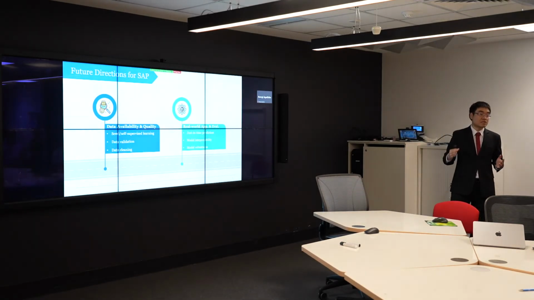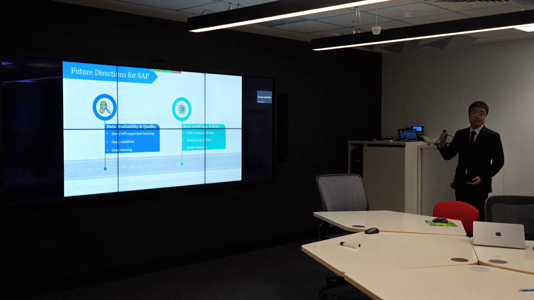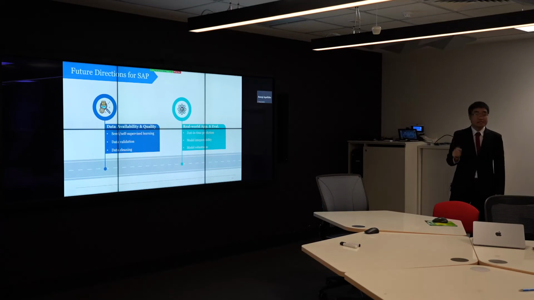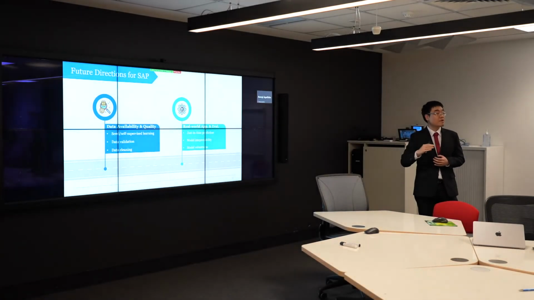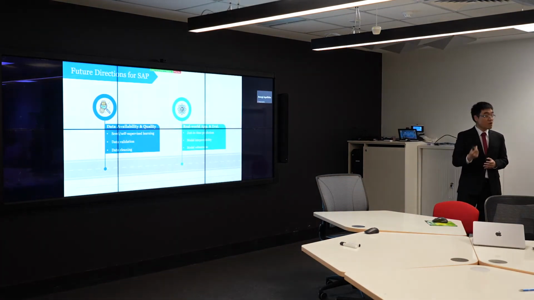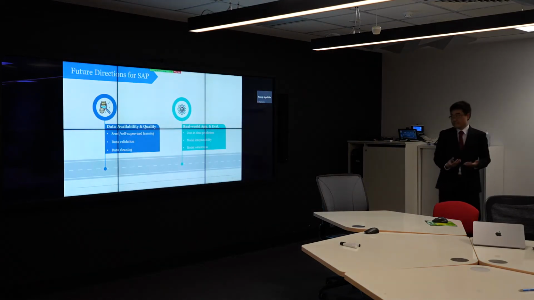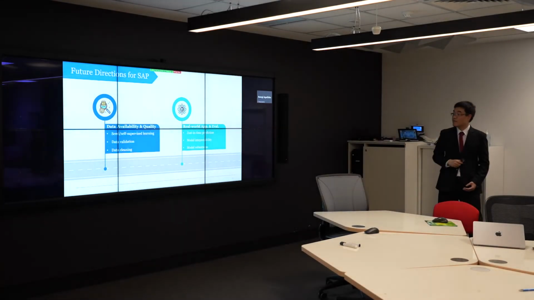Otherwise, the value of such output would be limited. Let me give you an example. In the work that I just presented earlier, we found that the existing vulnerability assessment approaches are commonly performed long after the vulnerabilities are fixed, which is not really useful in practice, because vulnerability assessment is supposed to provide input for the fixing, but currently it's performed after the fixing. That's why we propose to shift the vulnerability assessment earlier to the commit level.